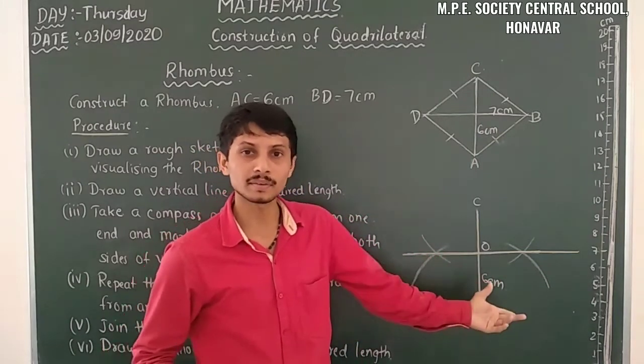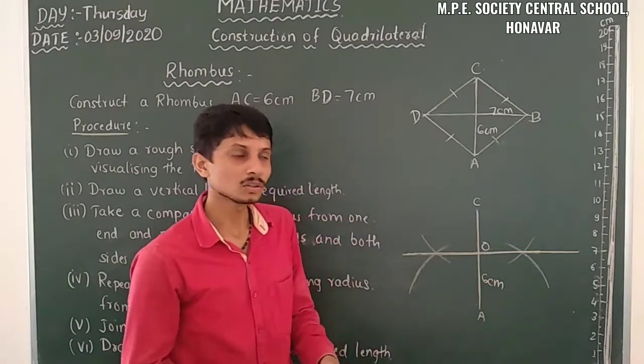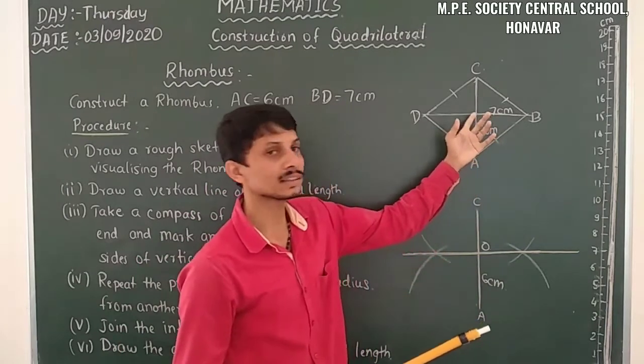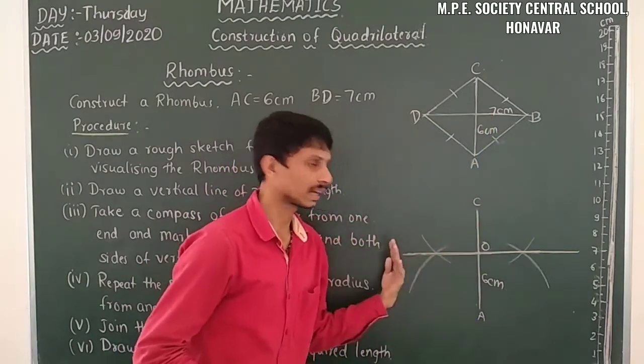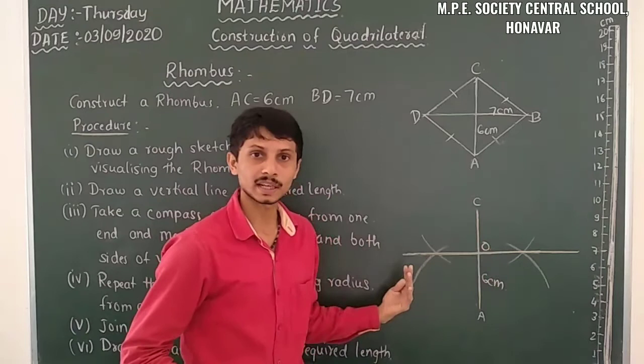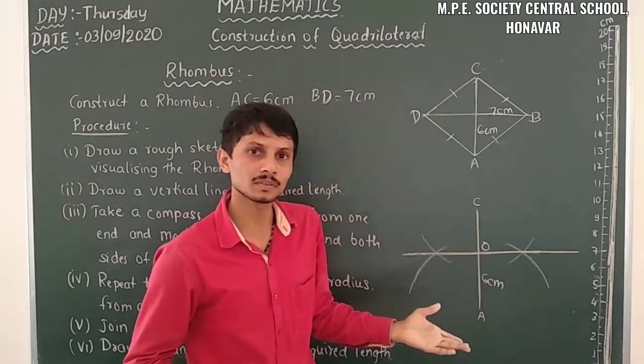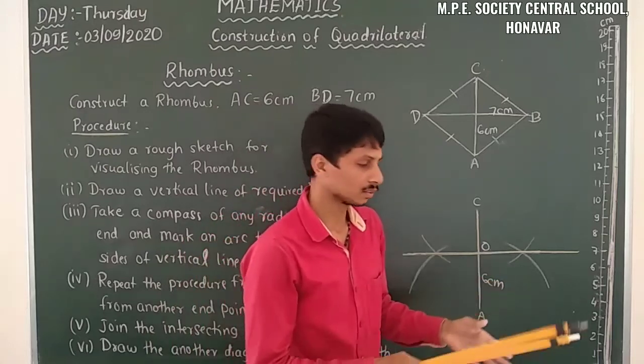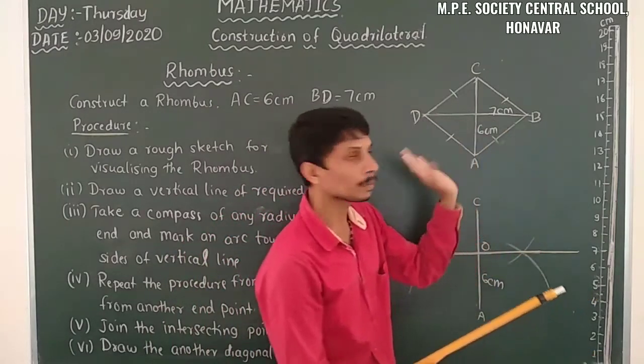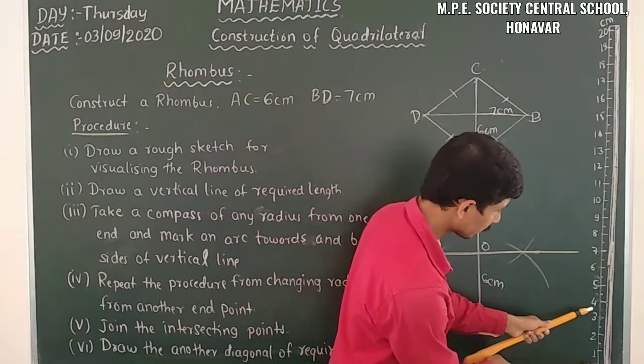Better you take half of that length on this side, the left side, and half of the length on the right side. It's very easy. What is the half of 7 centimeter? It's 3.5.